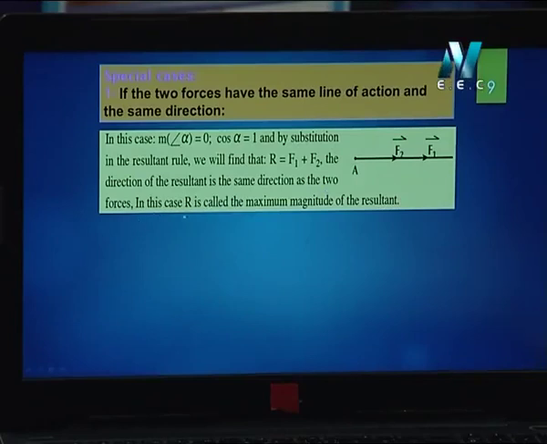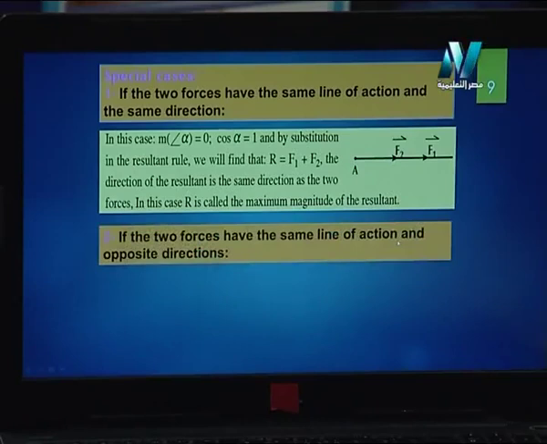In this case, R is called the maximum magnitude of the resultant. We can call it the greatest value of the resultant. So when F1 and F2 act together on the same line of action, the resultant will be their sum, and we call it the greatest or the maximum magnitude of the resultant.